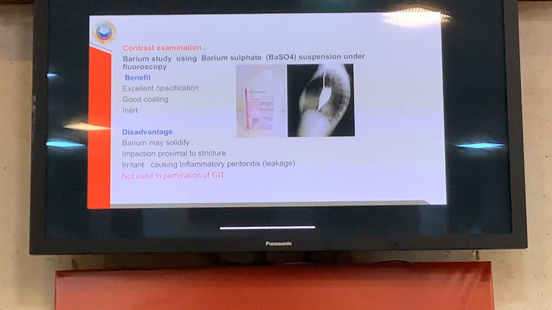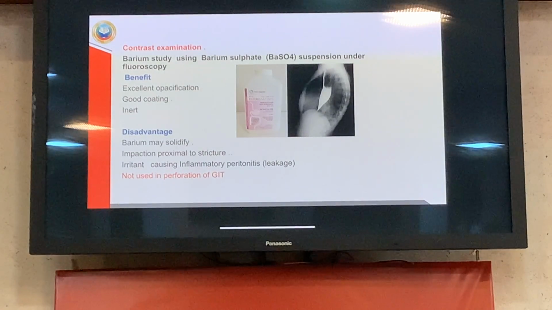So now we talk about the contrast. We have two types of contrast needed: barium, and also water-soluble contrast. What are the benefits and disadvantages of barium? Barium produces excellent opacification of the mucosa, good coating, and it is inert.